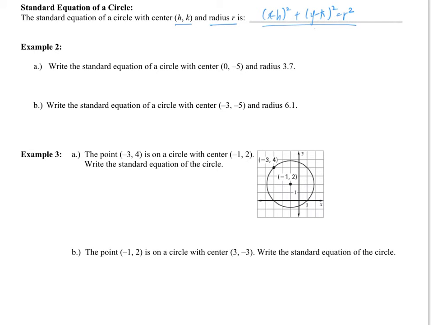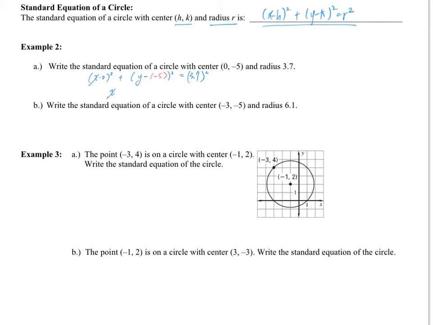Example 2. Write the standard equation of a circle with center (0, −5) and radius 3.7. Now, because this center is no longer at the origin, we have to be a little careful. So (x − 0)² + (y − −5)² = 3.7².